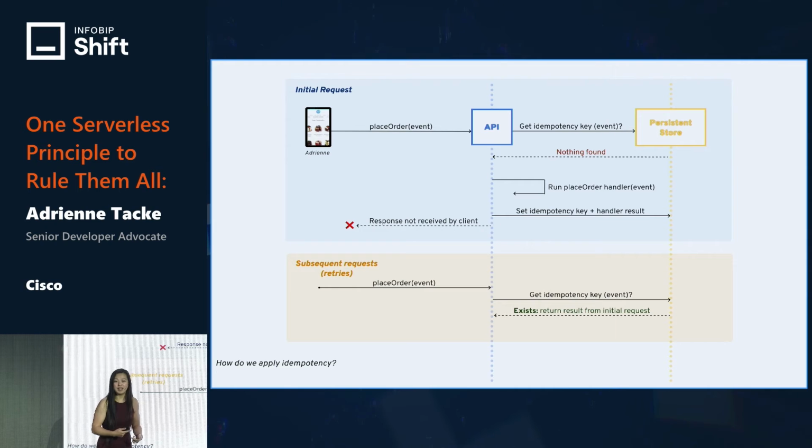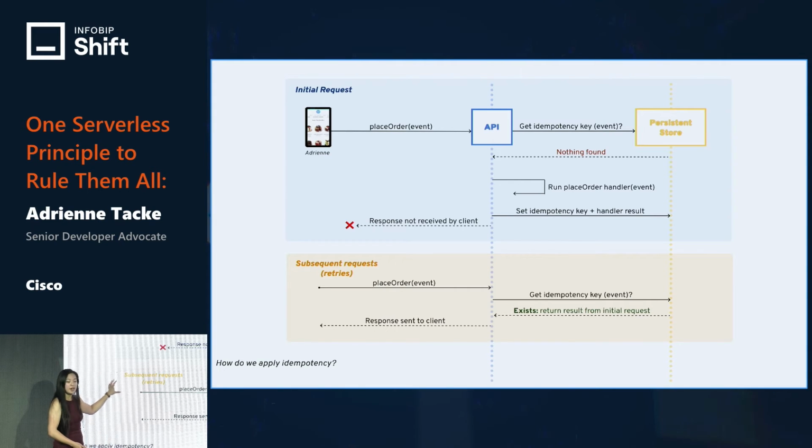So instead of rerunning it, we're just going to return the actual result that has been seen. And we send the response to the client. And no matter how many times this has been run or is continuing to run, this same workflow is going to occur because we have these idempotency keys saved in our state as well as the result.